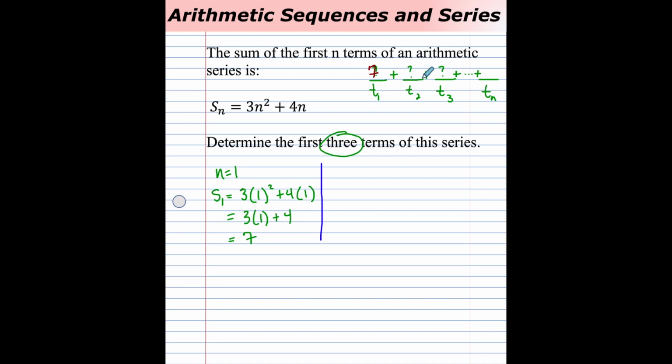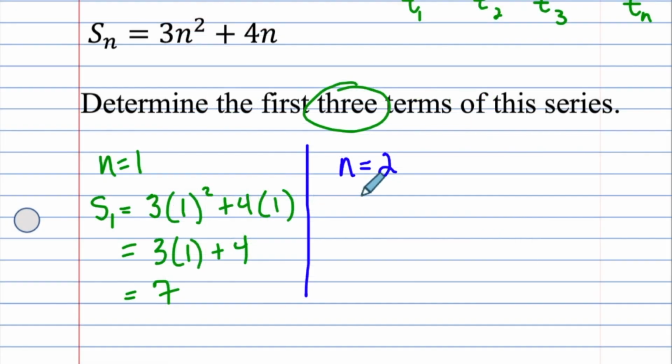Do we know the second term? Well, no. But can we find out the sum of the first two terms and then subtract the 7? There it is. What is the sum of two terms?